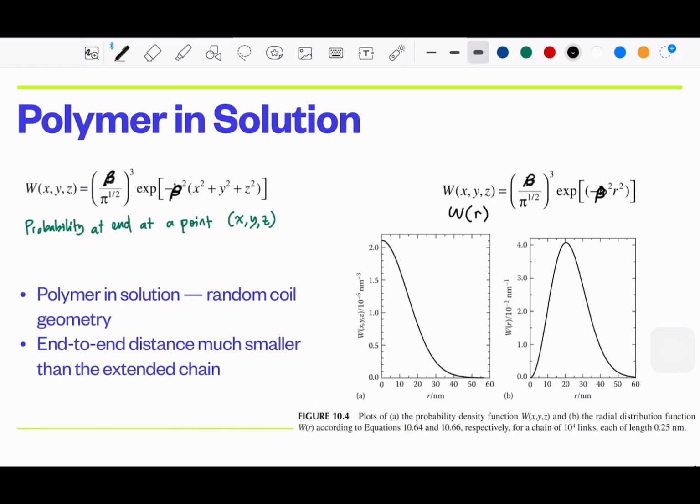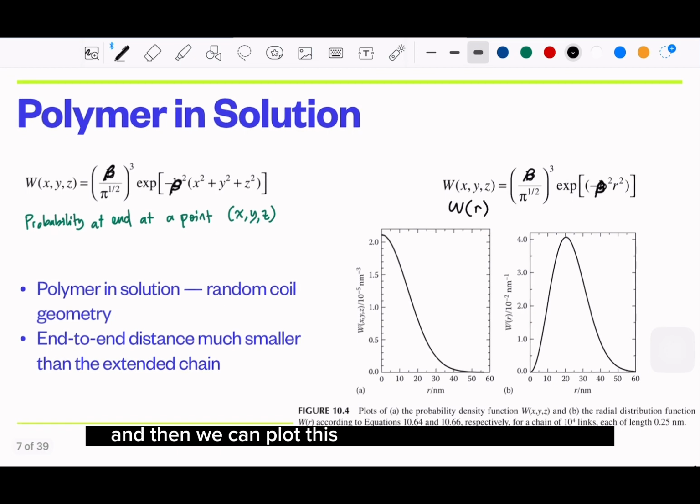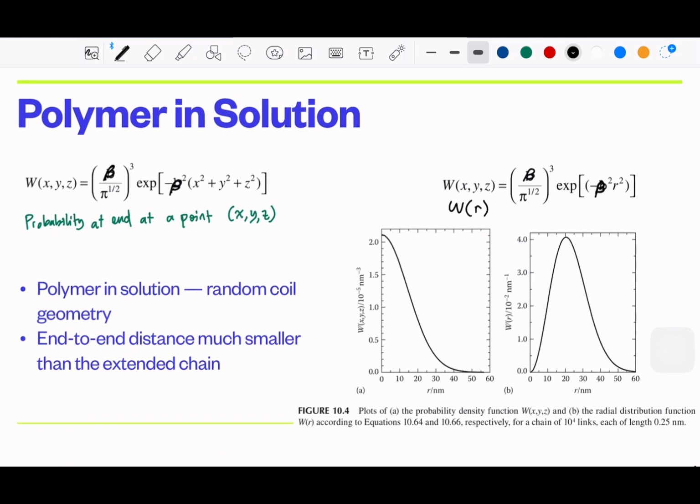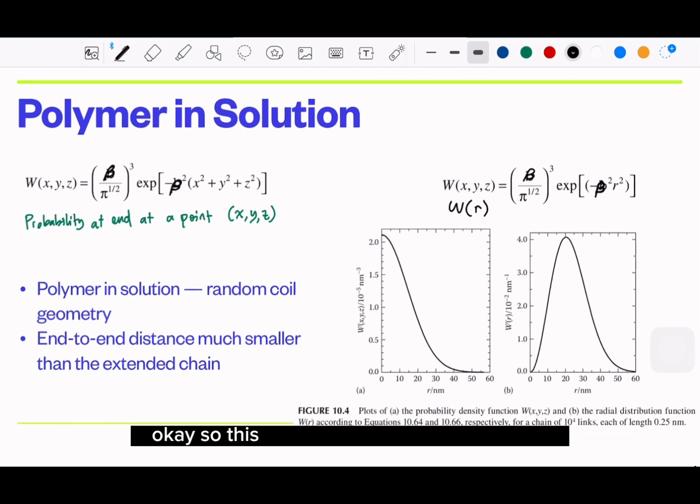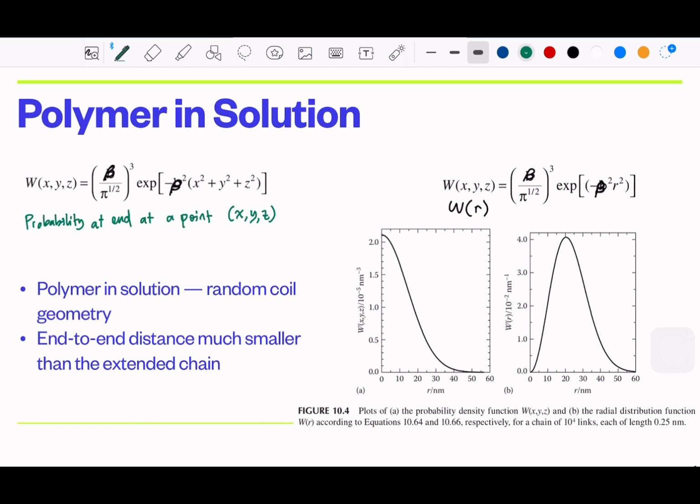And then we can plot this probability density function.